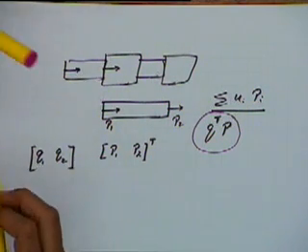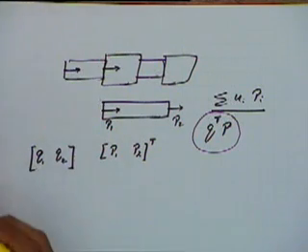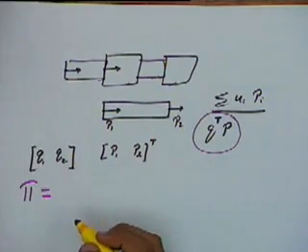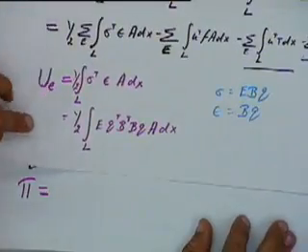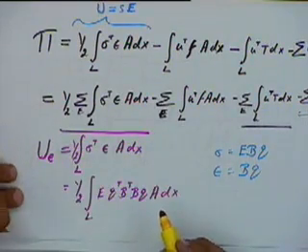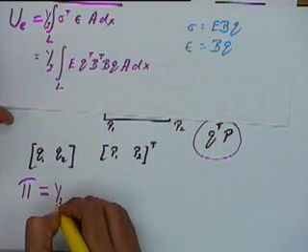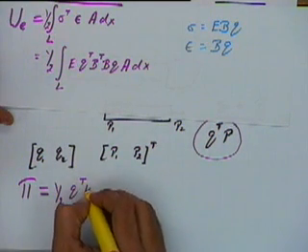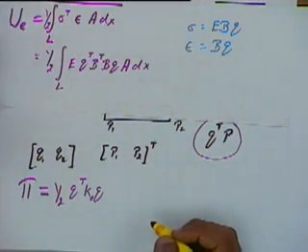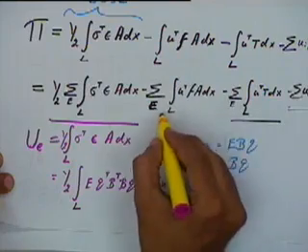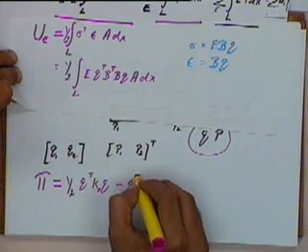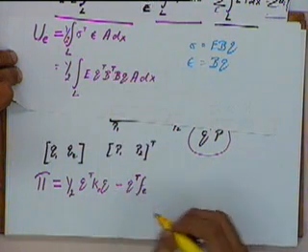Okay, so now if I look at the complete equation that I have, the potential energy pi, the first term is a strain energy term, and I said that that term is equal to half of Q transpose K E Q. The second term, that is this term, is minus Q transpose into Fe.